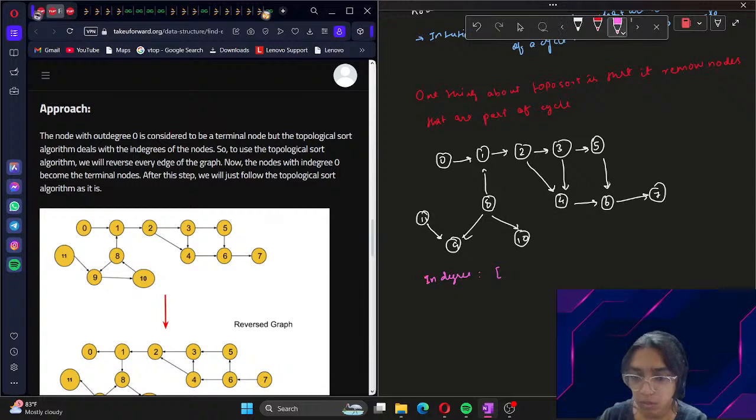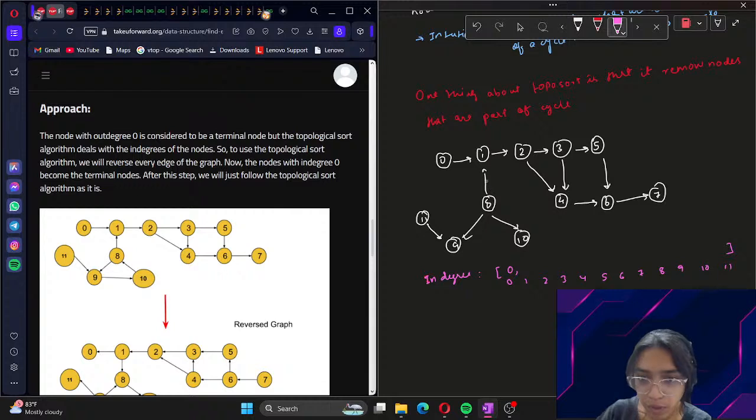Let us take it as 0, 1, 2, 3, 4, 5, 6, 7, 8, 9, 10, 11. In-degree for node 0 is 0.